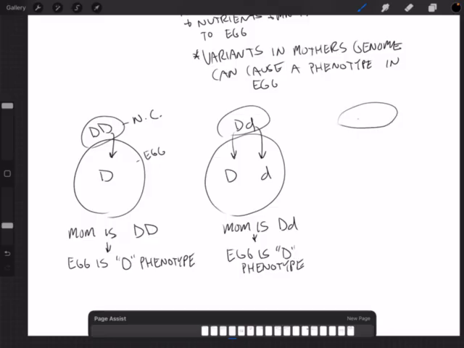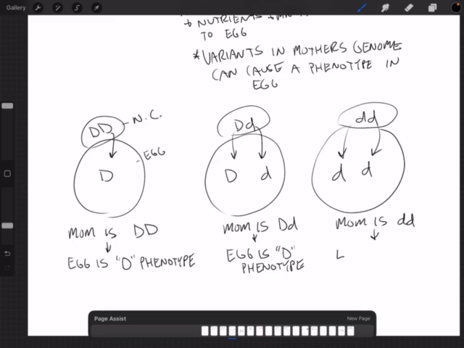But if the mom is homozygous recessive, the egg can only get the recessive d alleles. So if mom is dd, the egg is going to be recessive d phenotype. So it could be that the egg over here has in its own genome the dominant D allele, but it's not going to make it for a long time.